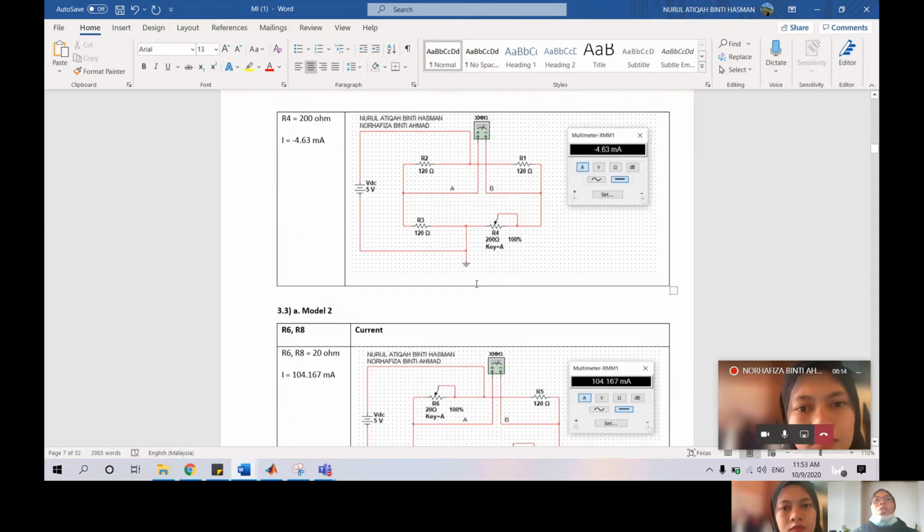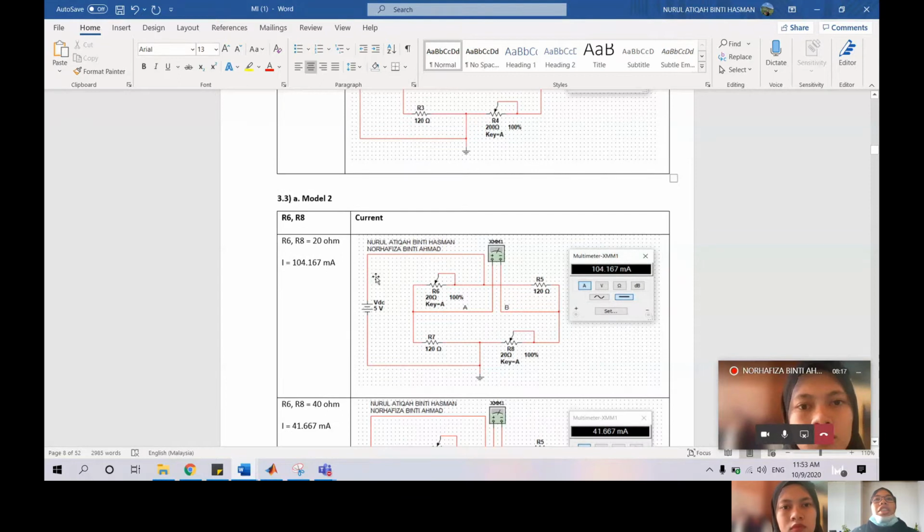For model 2, we change the two resistors, R6 and R8, into potentiometer resistors. Also, we started from 20 ohm until 200 ohm. So this is the circuit.